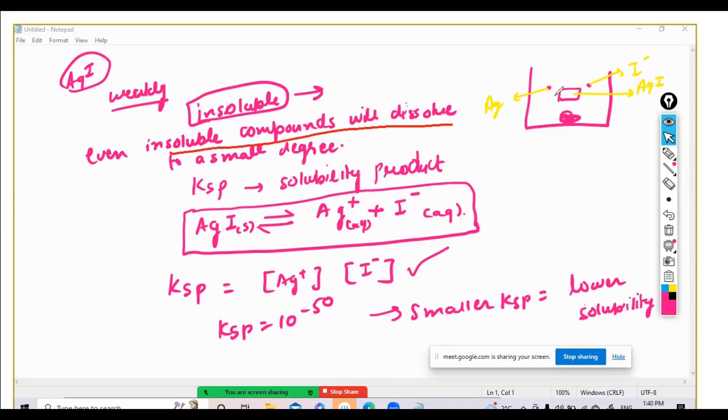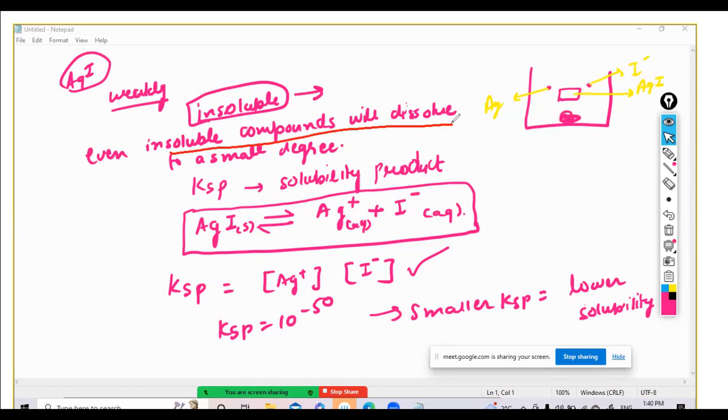For example, here AgI is weakly dissolved as a salt. So most of it, let's say 95%, will settle down at the bottom, and only 5% of the ions you will find here in the water.